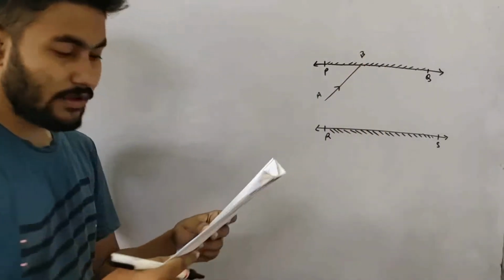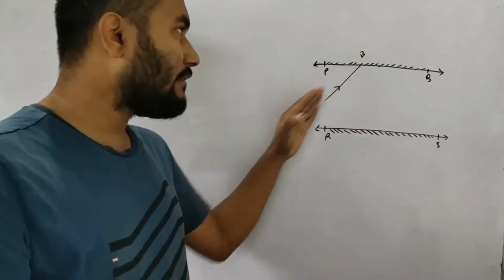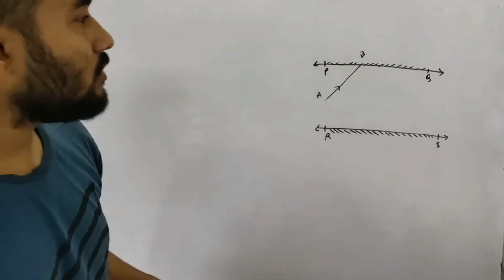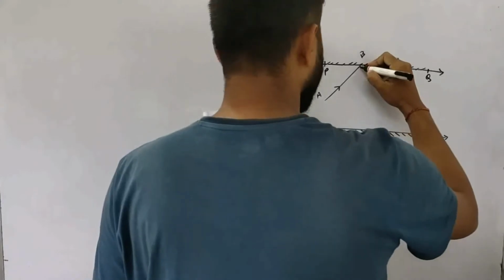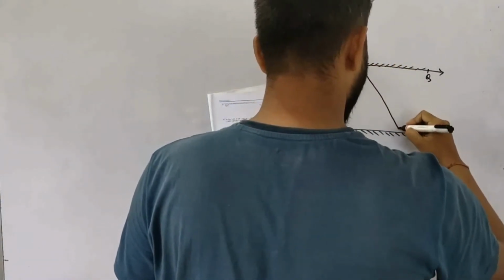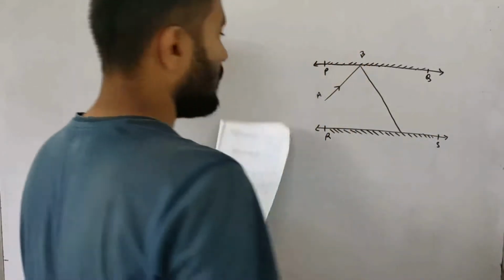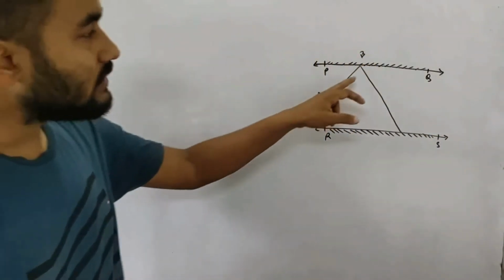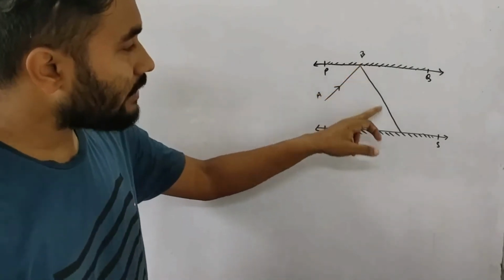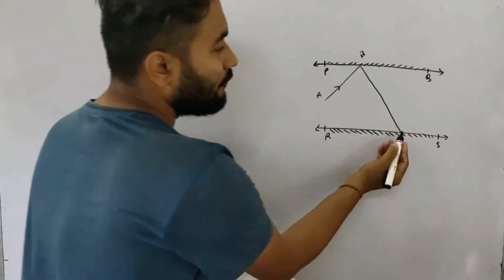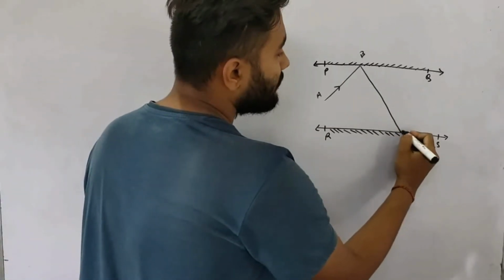This arrow is given because it shows that light has come from this direction. So this is the incident ray. As soon as it touches the mirror, it reflects back. Again you see, this reflected ray touches the other mirror, so again a reflection will be there.